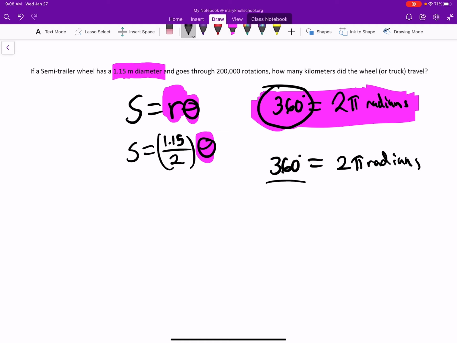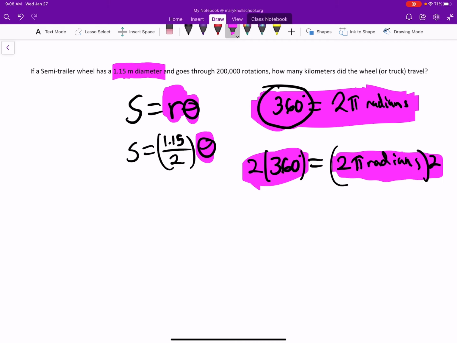Now, this is one rotation, right? 360 degrees is one rotation. Now, what would happen if we multiplied both sides by 2? Well, then this would be 2 rotations, right? And we would need to multiply this side by 2 too. Then all of this is 2 rotations as well.